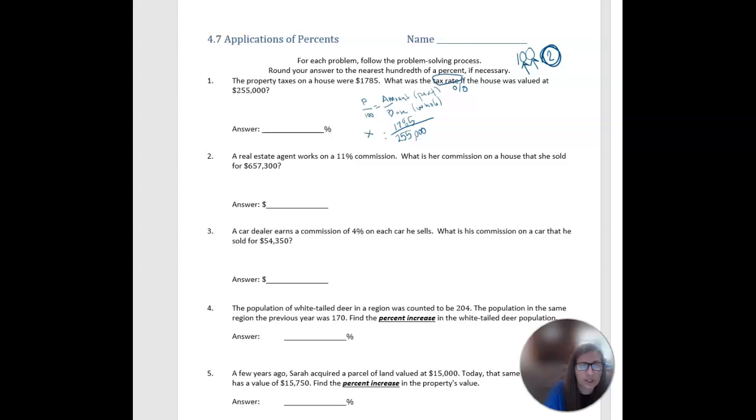We don't know the percent, so we put an X over 100. And then we're going to cross multiply. X times 255,000 is 255,000X.